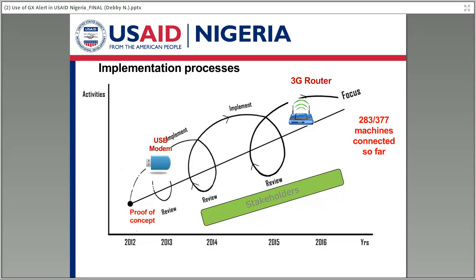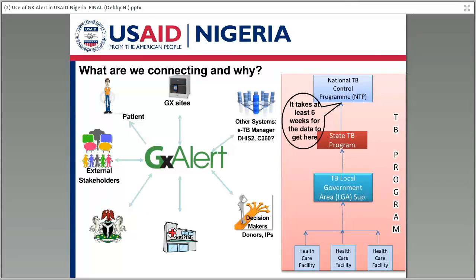That really improved connectivity at the site level, and I'll get to the issue of connectivity later on. But we currently have about 283 machines connected out of the 377, and that connection is still ongoing. I'll get to that later in the presentation.